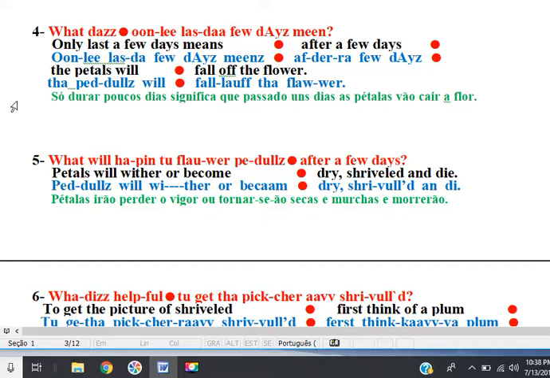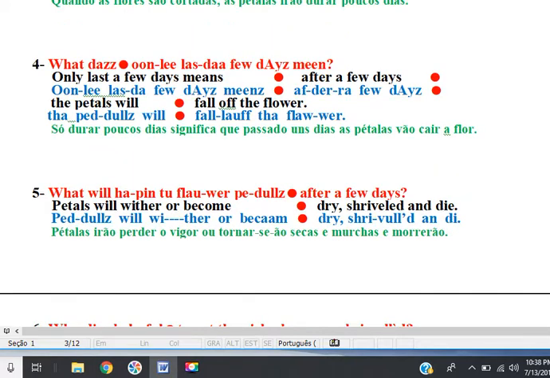Question. What does only last a few days mean? Only last a few days means after a few days, the petals will fall off the flower.